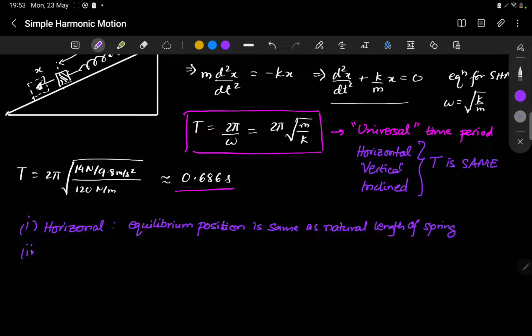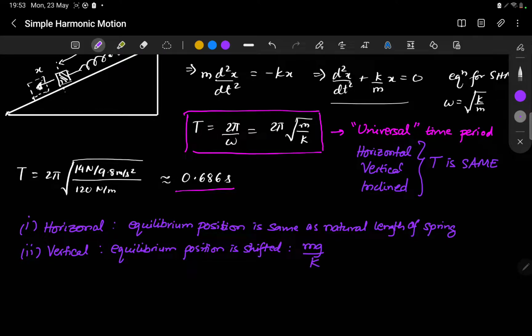In the vertical case, the equilibrium position is shifted by how much? Shifted by mg by k.